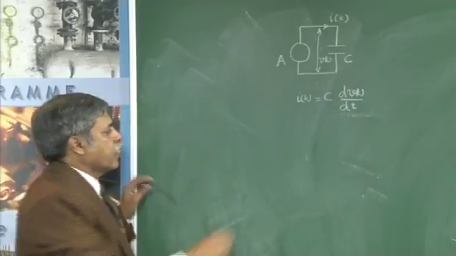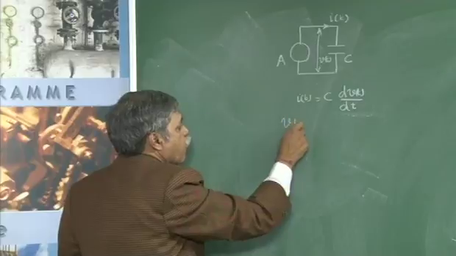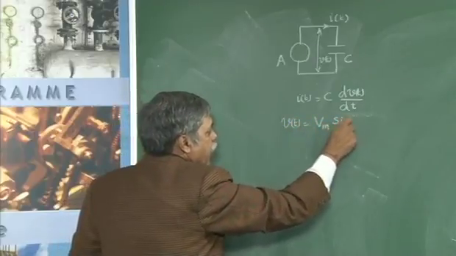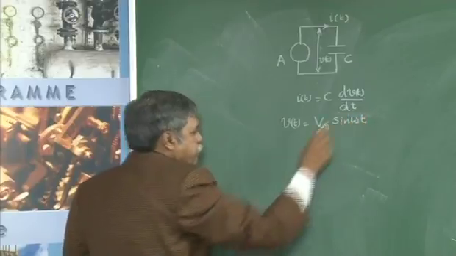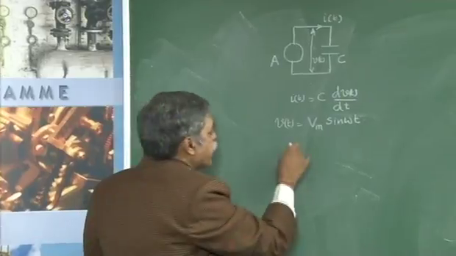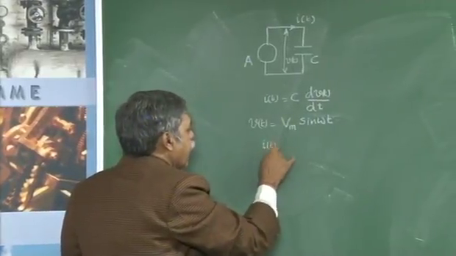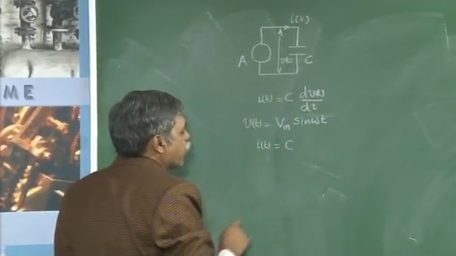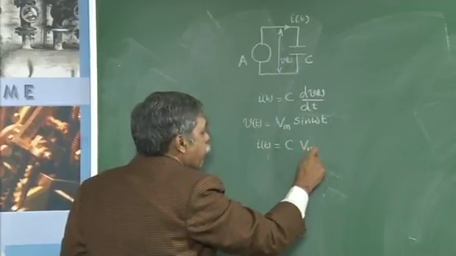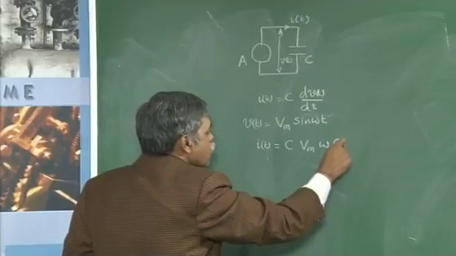Let us consider that we are giving a voltage of v of t is equal to Vm sin omega t for the capacitor. So if I differentiate this, I can write down the current expression as i of t is equal to C times Vm omega cos omega t.